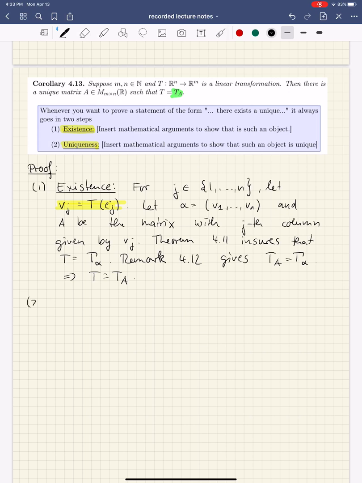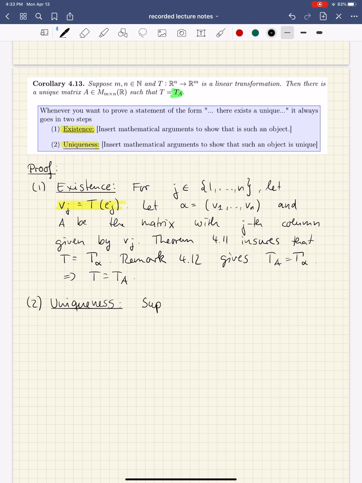And now the second part is we want to show uniqueness. So we want to show there's only one. And this usually goes always the same way. So what we do is we take two and assume that both of them work. And then we have to show that they have to be the same.